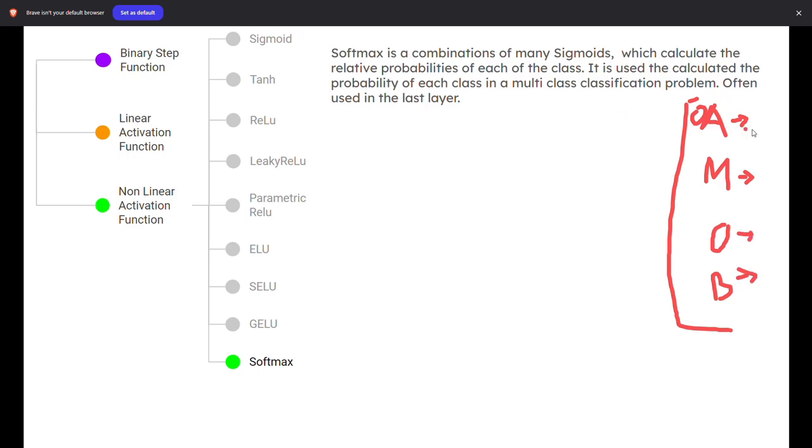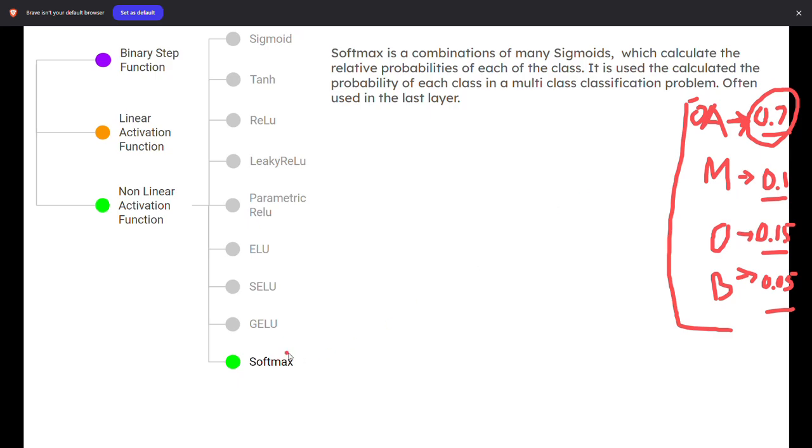Say the probability of apple is 0.7, then the remaining will be distributed among the other classes. Softmax is mainly used in multi-class problems and gives the probability of each class. The class with the highest probability is the predicted class.